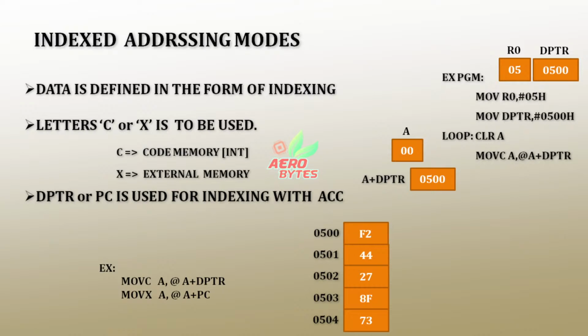That value is transferred to the accumulator. Address 500 has the value F2, and that F2 is transferred to the accumulator. Next, MOV P1, A, that is, the accumulator content is transferred to port 1.